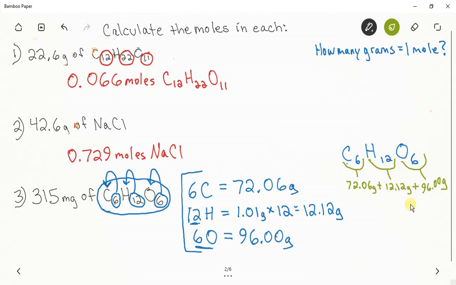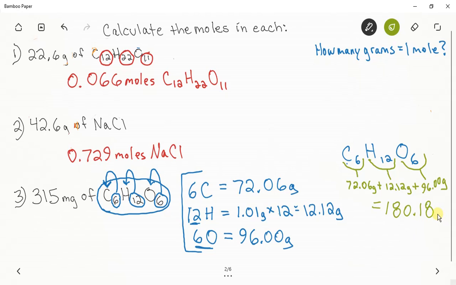72.06 plus 12.12 plus 96 grams is 180.18.